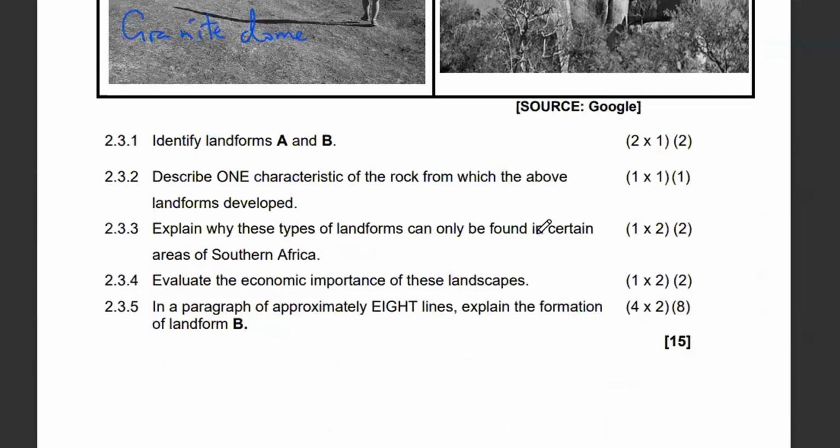Describe one characteristic of the rock from which the above landform develops. Which kind of rocks do those landforms develop from? They develop from massive igneous rocks of volcanic origin.